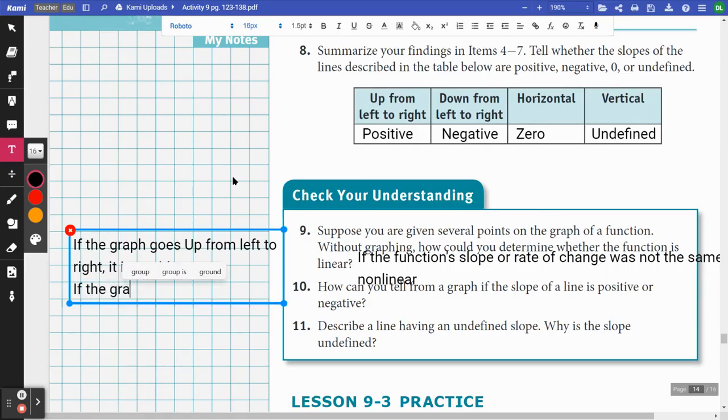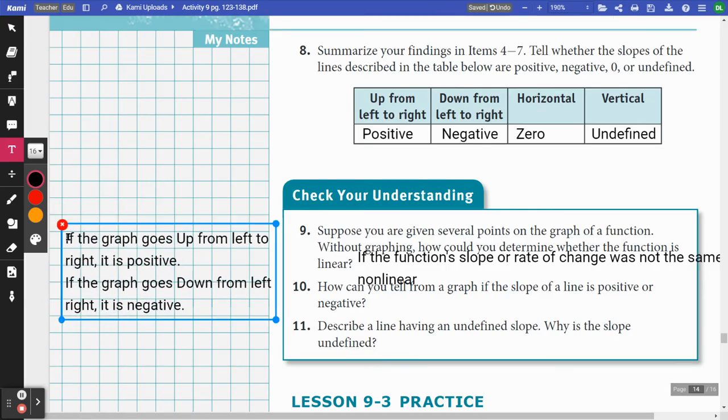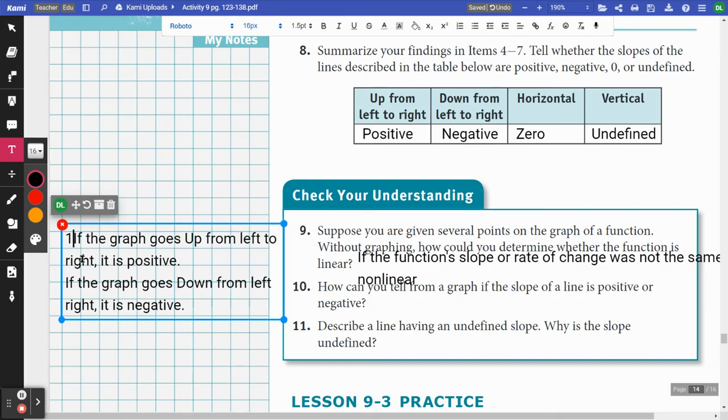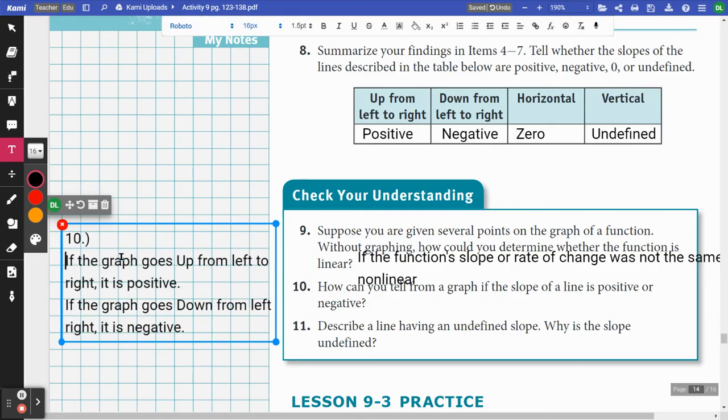If the graph goes down from left to right, it is negative. And again, this is number 10.